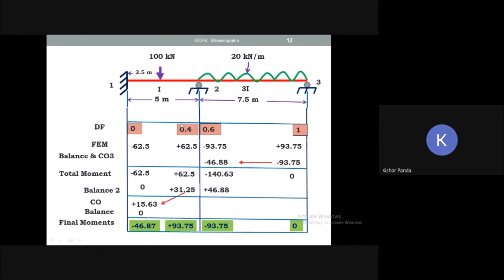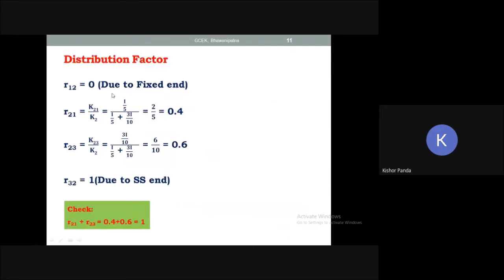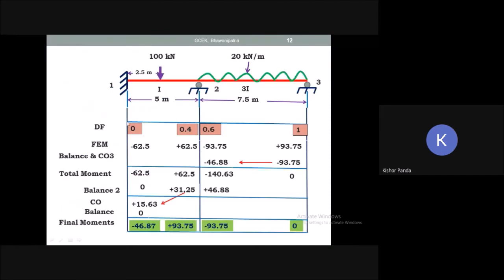Make a rectangular block for 1, 2, 2, 1, 2, 3 and 3, 2, and write the distribution factors in the corresponding column and block: R12 is 0, R21 is 0.4, R23 is 0.6, and R32 is 1. You write these distribution factors, 0, 0.4, 0.6 and 1, in the corresponding columns by making a rectangular box.